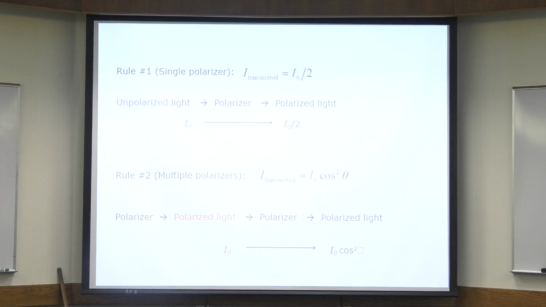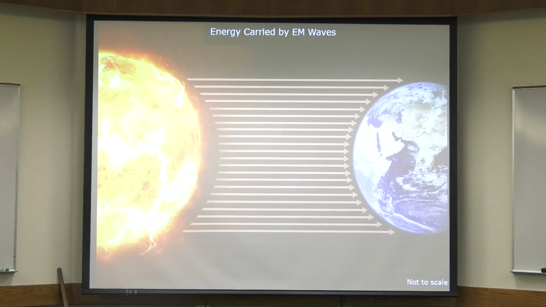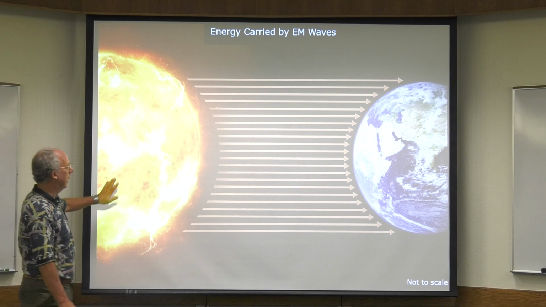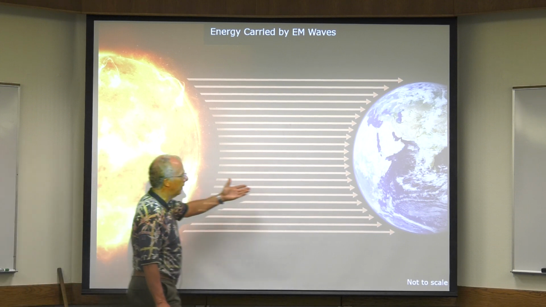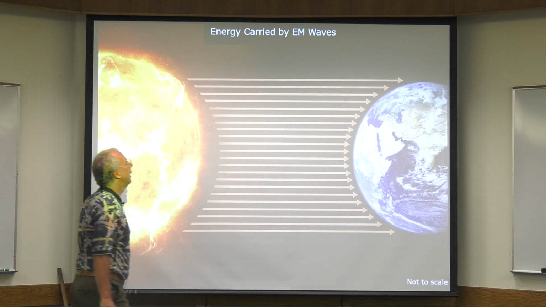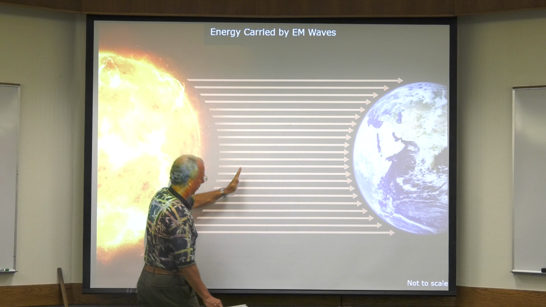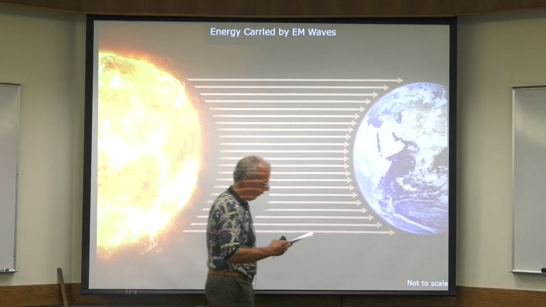Now I'm just going to do a few random things that you'll find in the book. Let's say you're studying climate change, greenhouse effect and all that. What's important then is where does the energy come from that hits the Earth? Obviously from the sun, right? So the electromagnetic waves from the sun hit the Earth.